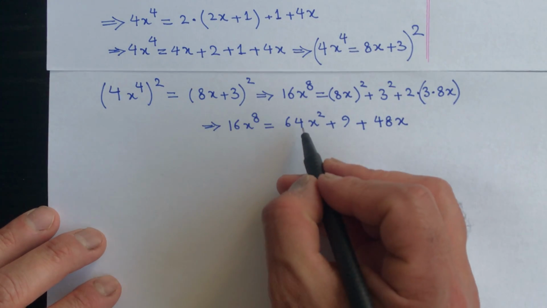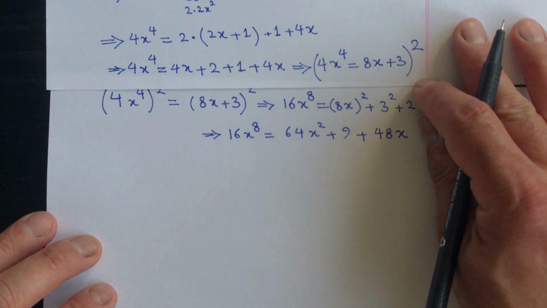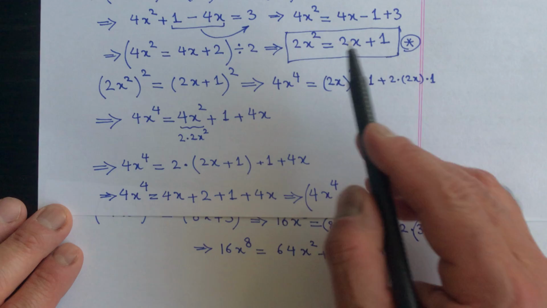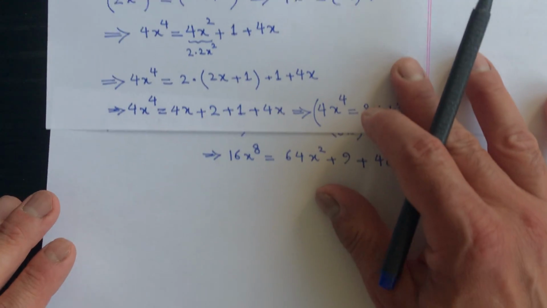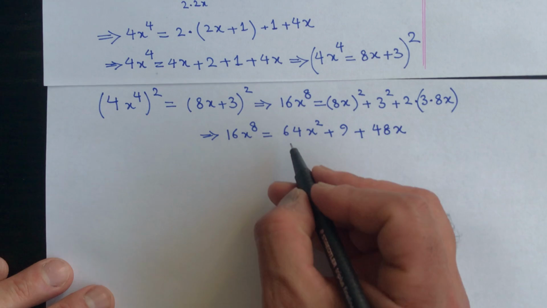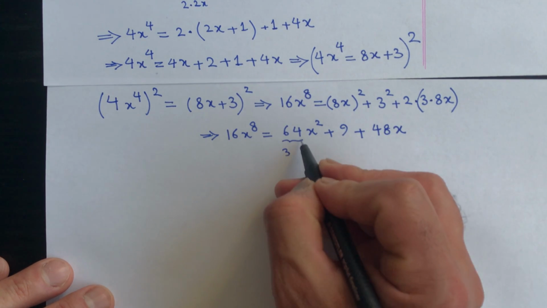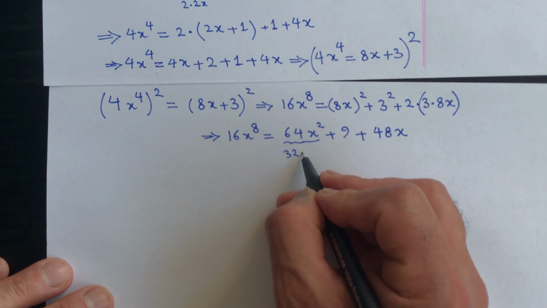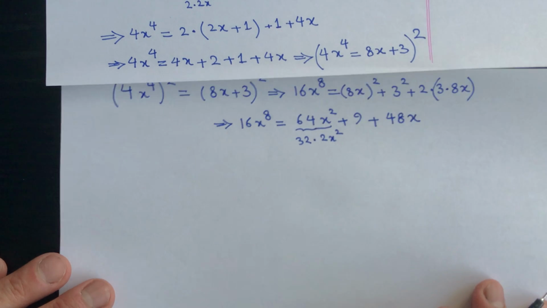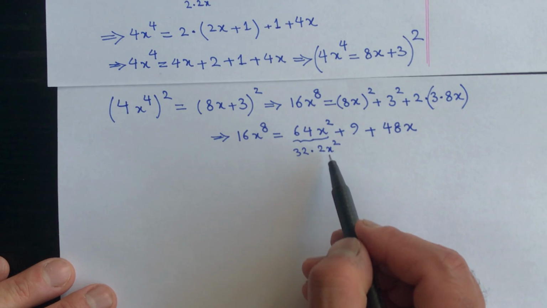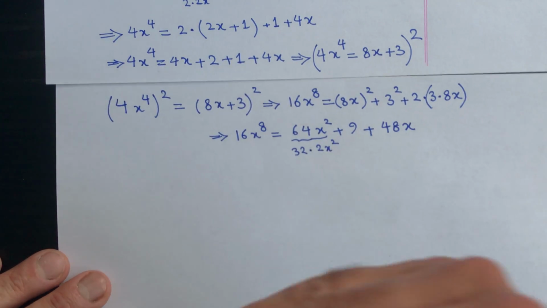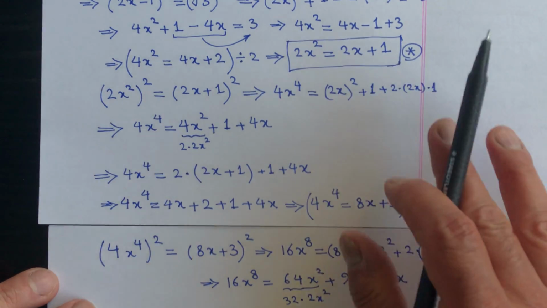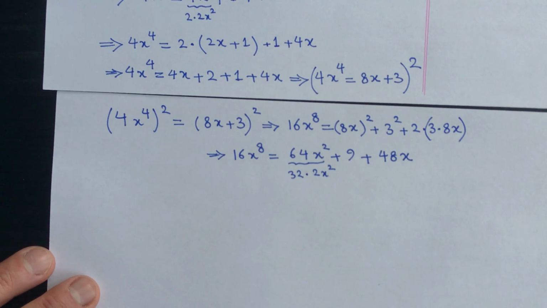Okay, and again I can come back to the famous equation here, 2x² is this expression. I can see 64x² is 32 times 2x². So again I have 2x² here, and I can replace it with 2x plus 1 instead of this term.